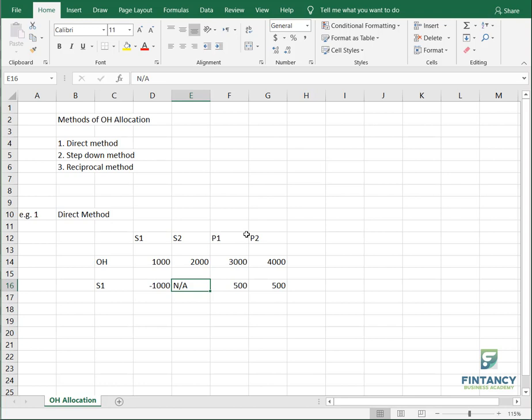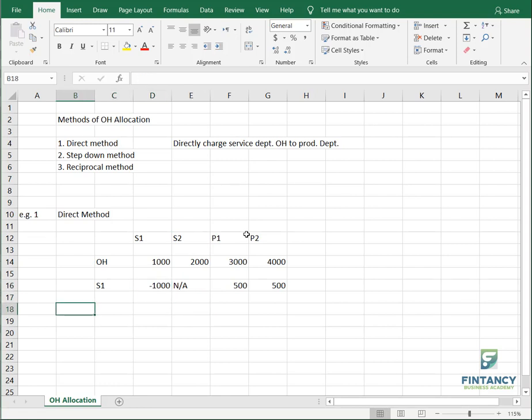Because we directly charge service department cost to the production department. I am writing here so that you remember: directly charge service department overhead to production department. This is called the direct method.